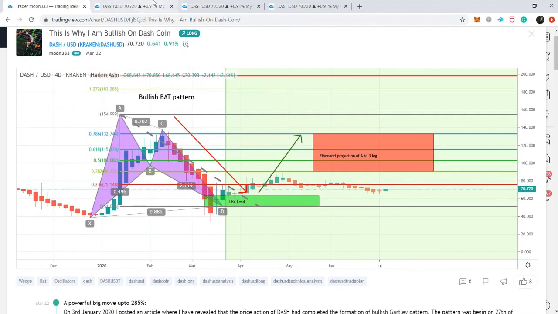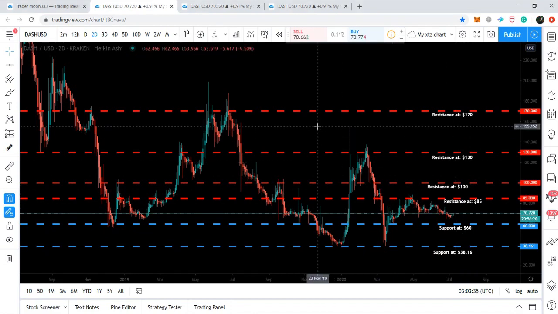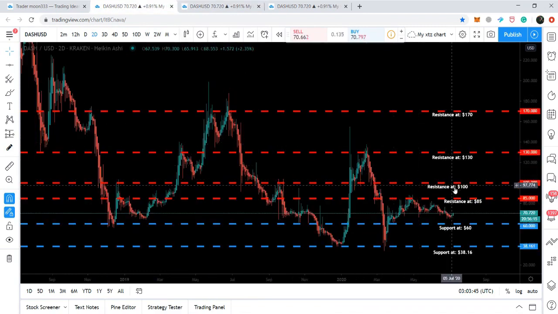Once the price action is able to cross this $85 resistance level, it will be easy for the price to reach up to that sell zone or Fibonacci projection that I have defined as per the Fibonacci sequence of the bullish Bat pattern. And this is really very helpful for the price at this time to break out of this $85 resistance level.